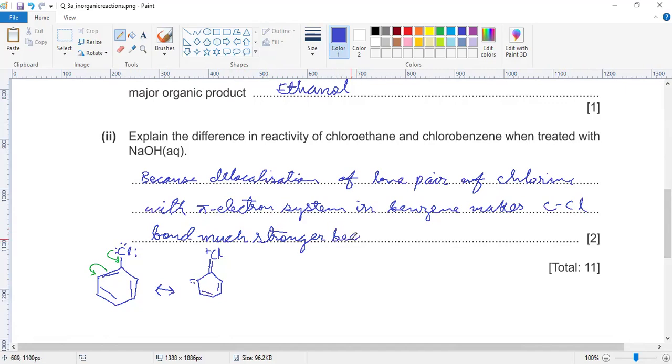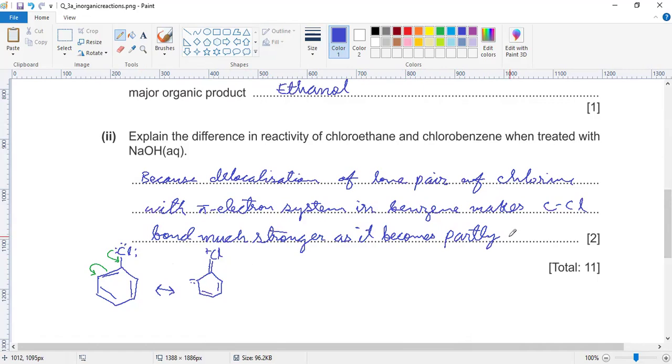Because it becomes partly double. Why am I saying partly double? Because it does not remain double all the time, but most of the time it remains double.